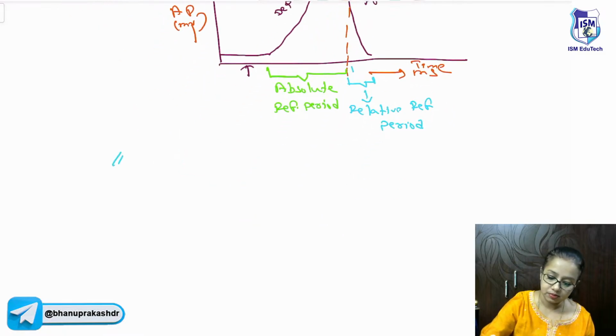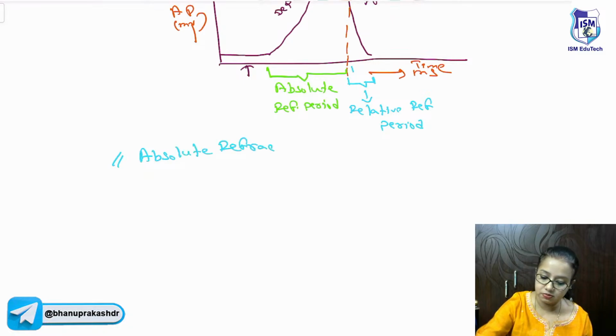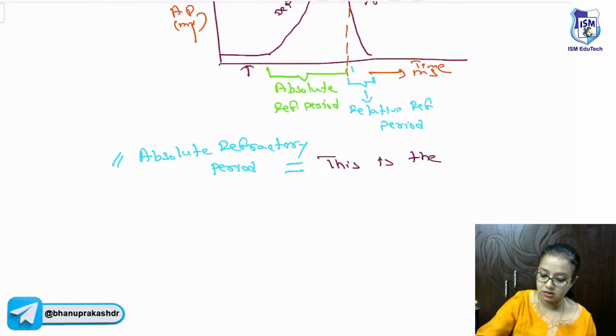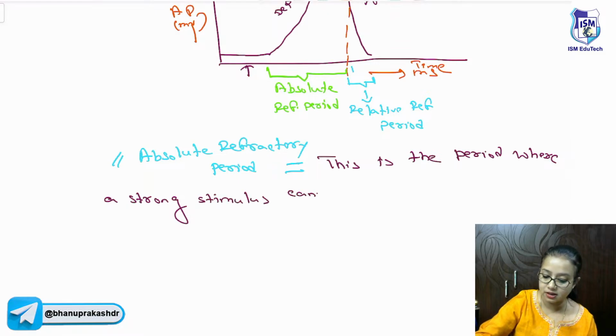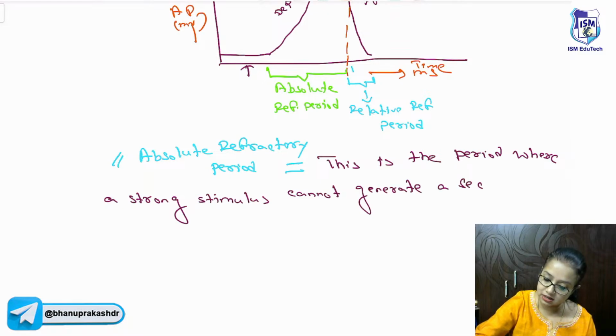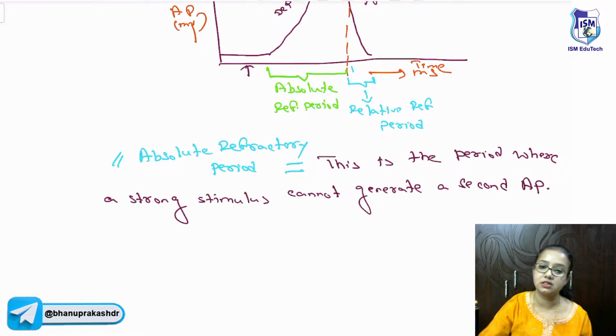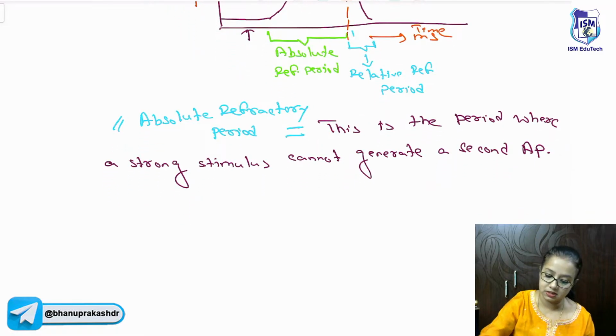So, the absolute refractory period is the period where a strong stimulus cannot generate a second action potential. This is the absolute refractory period.